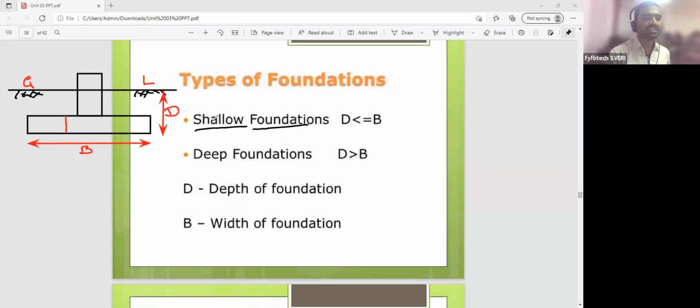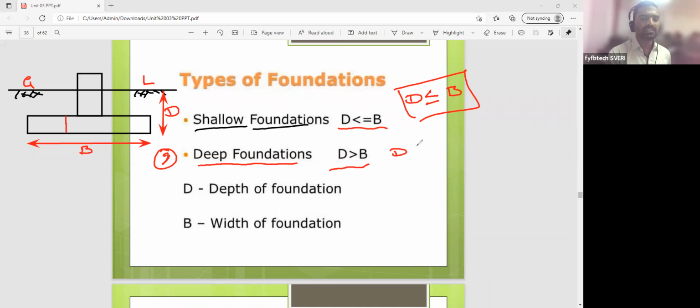So first one is shallow foundation. Depth of the foundation is less than or equal to the breadth of the foundation, then that is called a shallow foundation. Then second one, deep foundations.